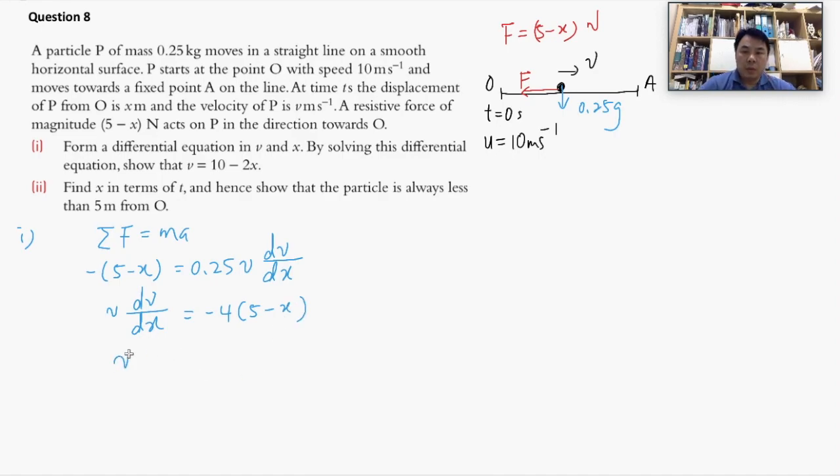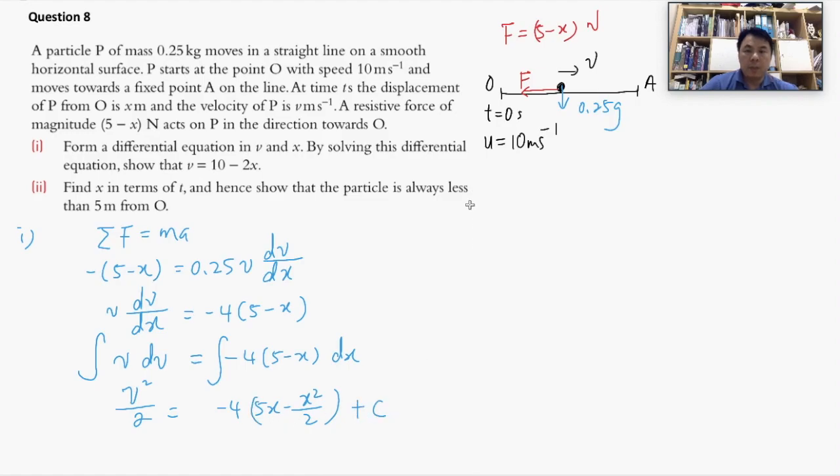We're going to solve this differential equation. So we have the integral of 4(5 - x) dx here, so v squared over 2 equals negative 4(5x - x squared over 2) plus a constant c. We can proceed from here.